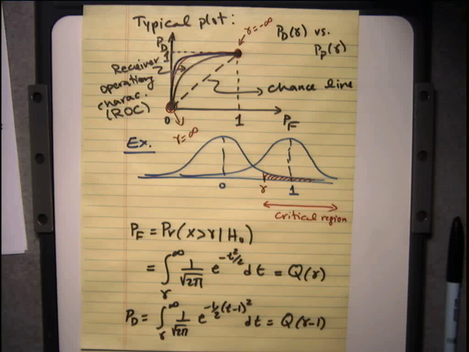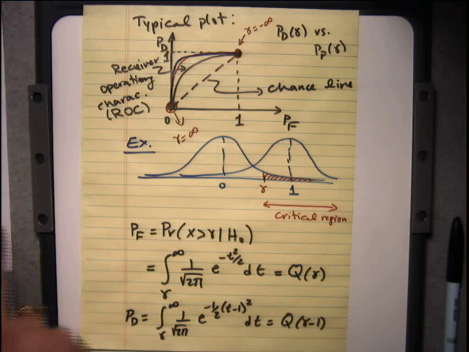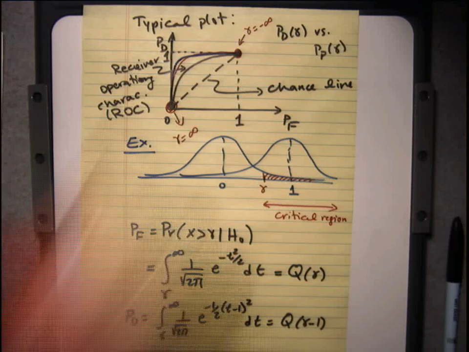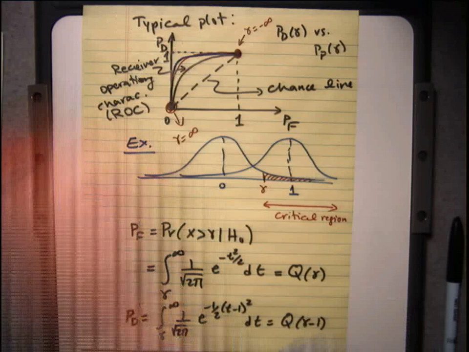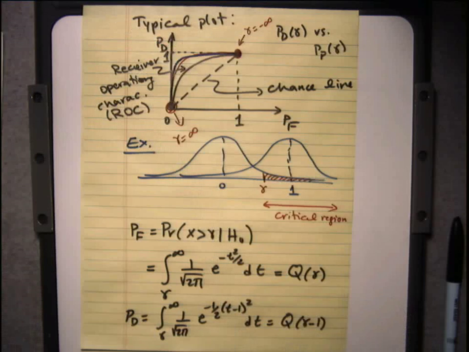Later on, we will come up with other criteria which will allow us to stay at one particular point on this curve. For instance, suppose that I wanted to minimize the probability of making a mistake overall.